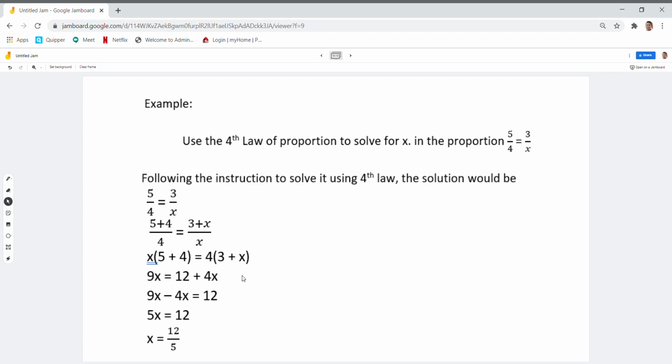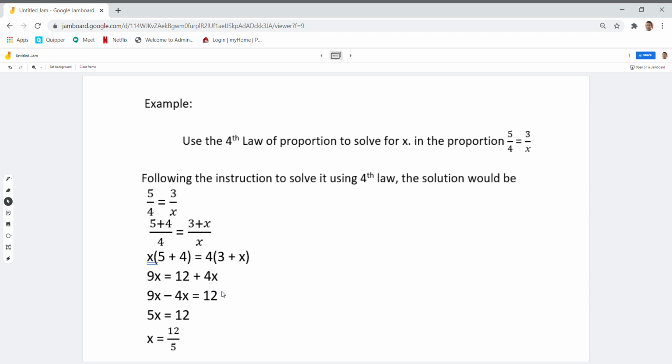After that, you can do the distribution. You can have here 5x plus 4x equals 12 plus 4x. You simplify that, you have 9x equals 12 plus 4x.